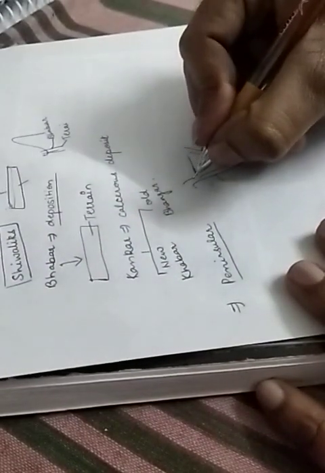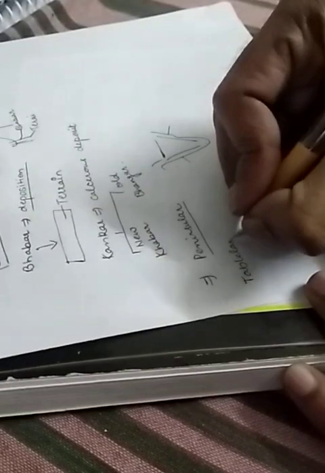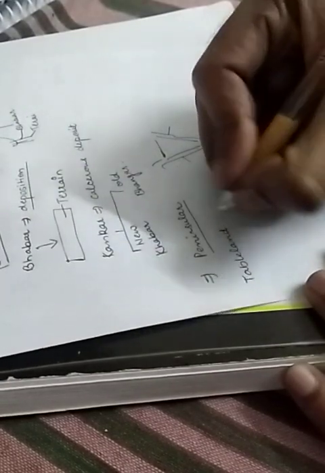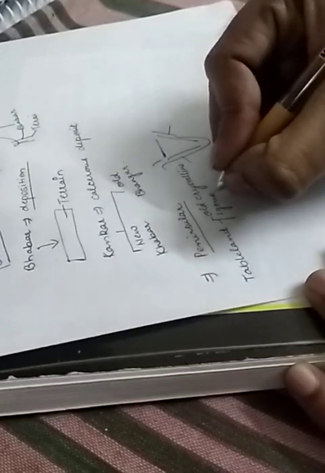And here also some Malwa portion. It is a tableland, just in the form of a table, composed of old crystalline igneous and metamorphic rock.